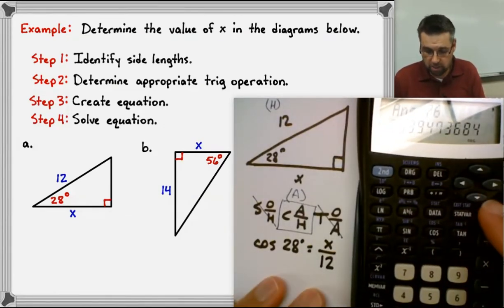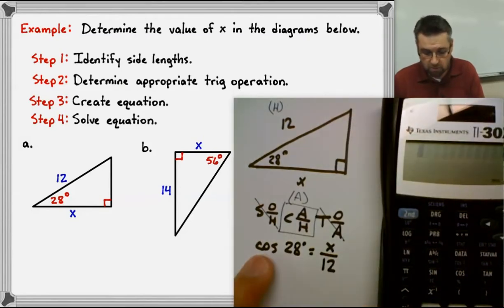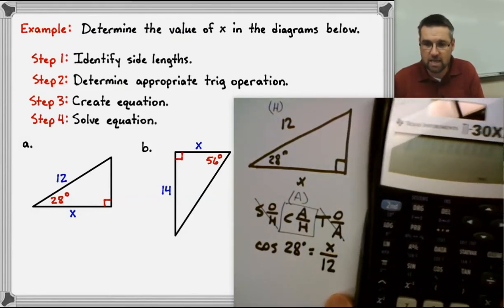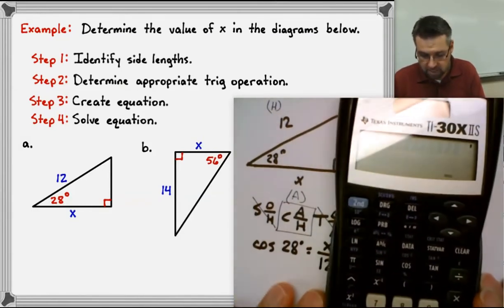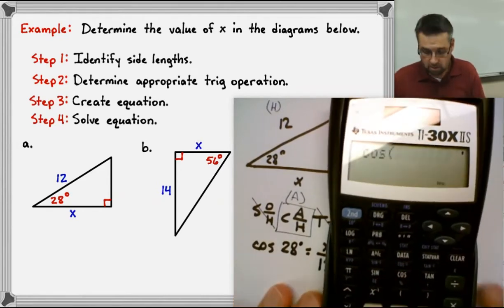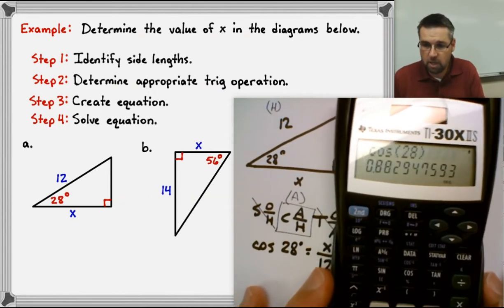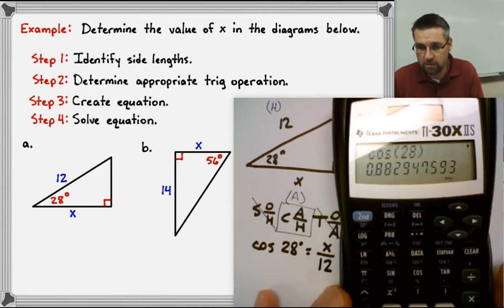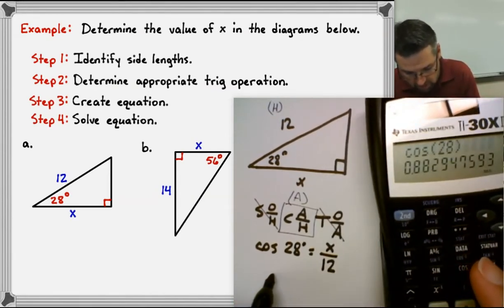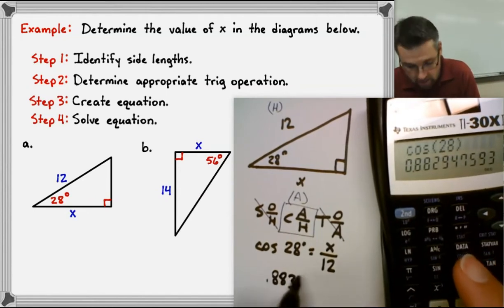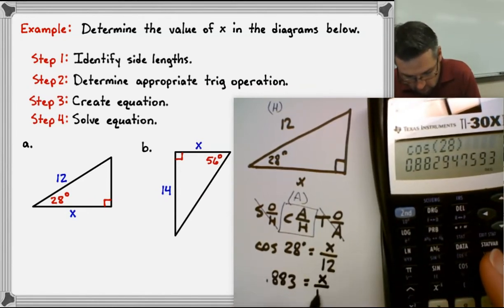Well, the first thing I want to do is figure out what the cosine of 28 is. Now, in this calculator, I'm going to type in cosine of 28, and then I'll close my parenthesis, and I'll hit enter, and I'll get my number. It's 0.883 is what I'll round it to. So this is going to be 0.883, and that's equal to x over 12.